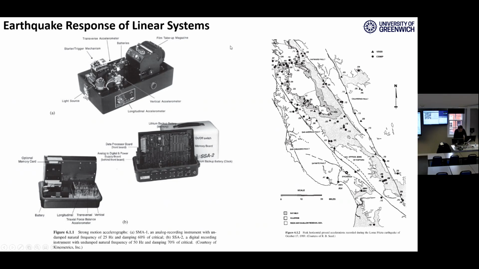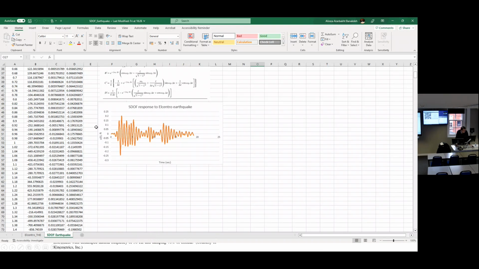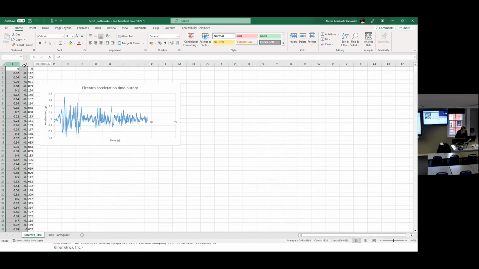Just to be clear, last week when we talked about this one, these two columns are coming from these instruments recording earthquakes. This is time and this is acceleration of the El Centro earthquake. And as you can see, the time increment is 0.02. It's very small, very precise. In every 2/100 seconds, the instrument has recorded the movement of the Earth.